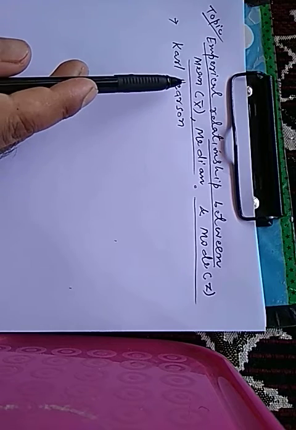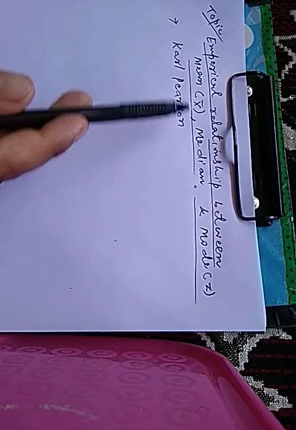First we will learn graphically, with the help of a diagram, the relationship between these three statistical tools, that is mean, median and mode, based on a given frequency distribution.